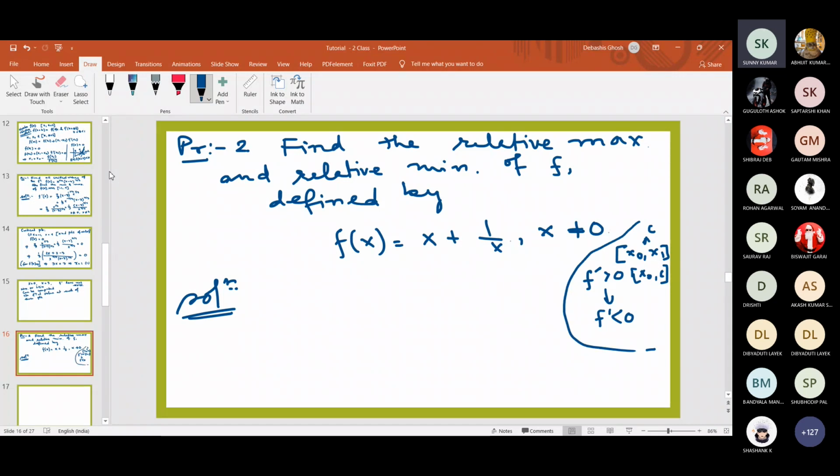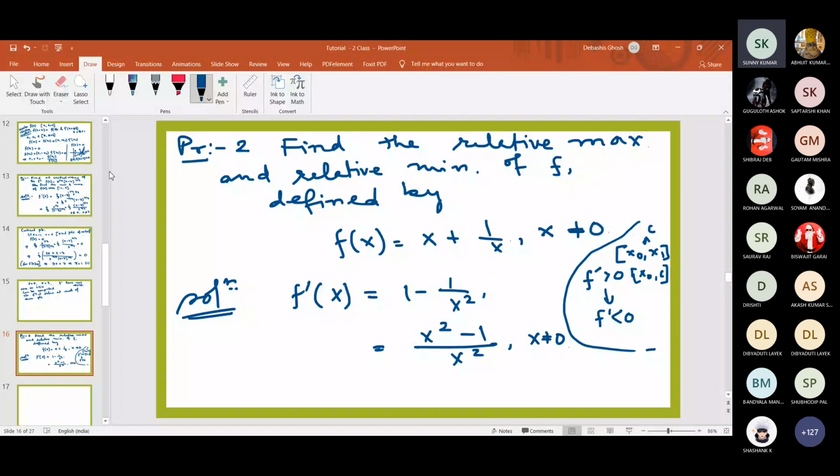So f dash of x, its derivative, is 1 minus 1 by x square, that is x square minus 1 by x square, and this function also does not exist for x equals 0.